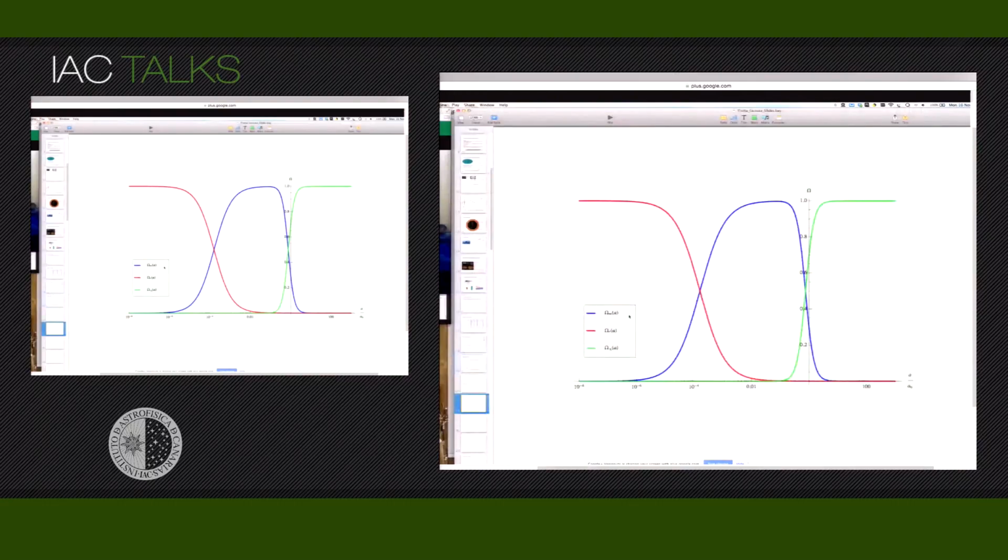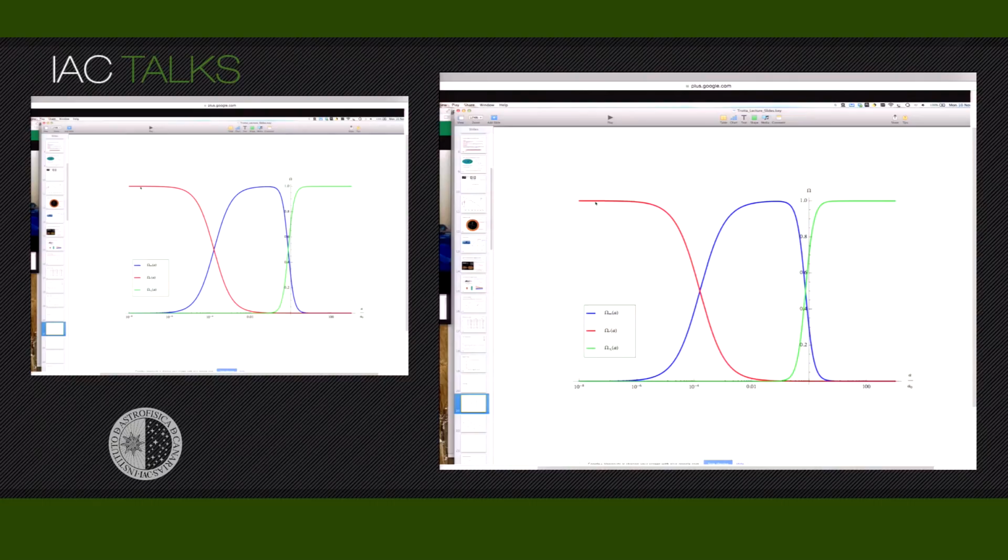So what happens is that as a function of the scale factor, the scale factor grows in this direction, so time also grows from here to the right. In the early universe, radiation was dominating, and radiation is redshifted away as a to the minus 4.